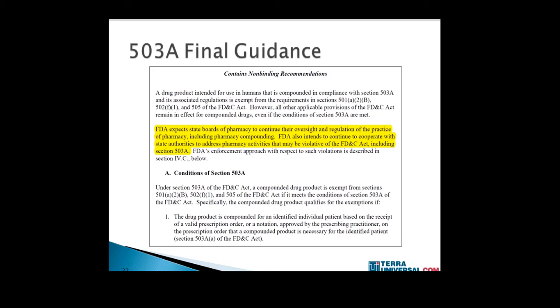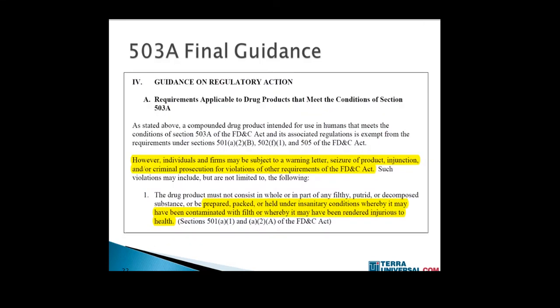So on a side note, you might be a little confused by the phrase at the top of the page, which stipulates that these are non-binding recommendations. However, a closer look will reveal that these non-binding recommendations are actually references to 21 CFR and, of course, all the various sections that are definitively written into law. Furthermore, these recommendations specifically outline each of the possible enforcement actions that the FDA can take against violations of the FDCNA.